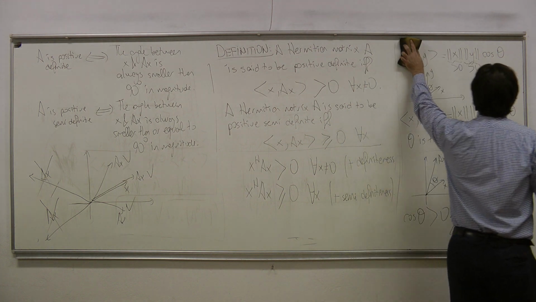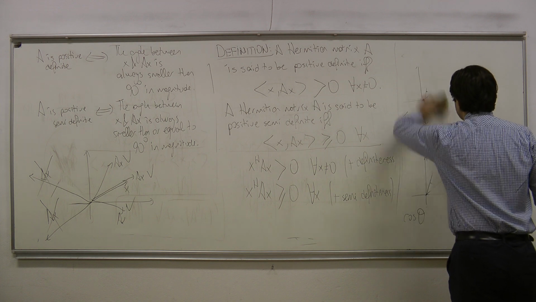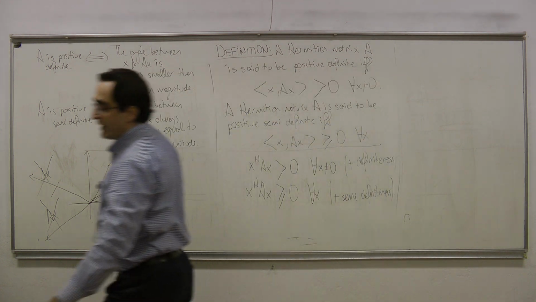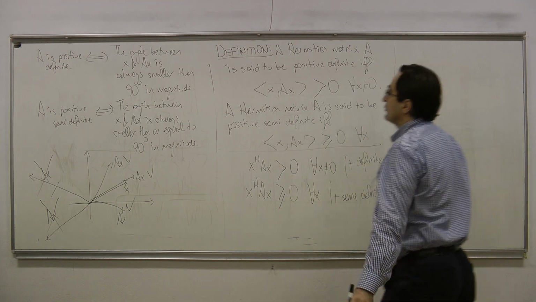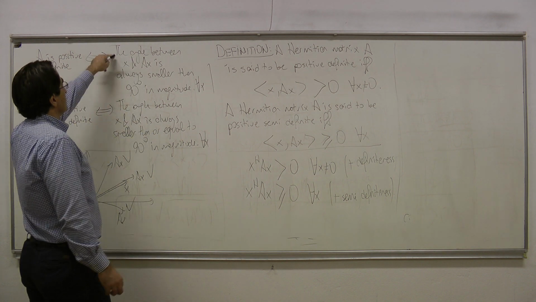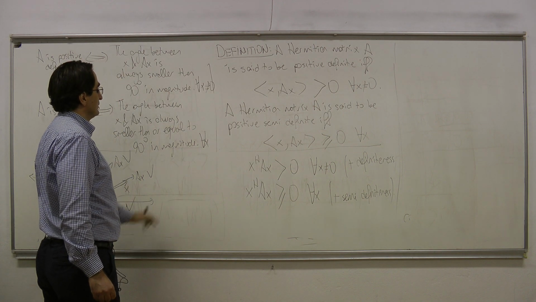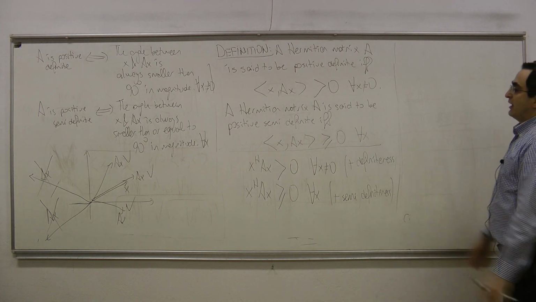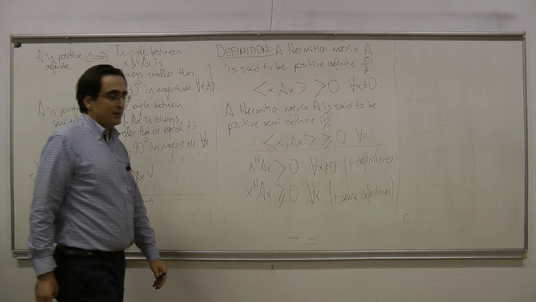It is always related to the angle between x and its transformed version with A. Of course, this is true for all x. The angle between x and Ax is always at most 90 degrees in magnitude if x is not equal to 0, and this is true for all x. Okay? So now I have seen the geometric meaning of positive definiteness and positive semi-definiteness.